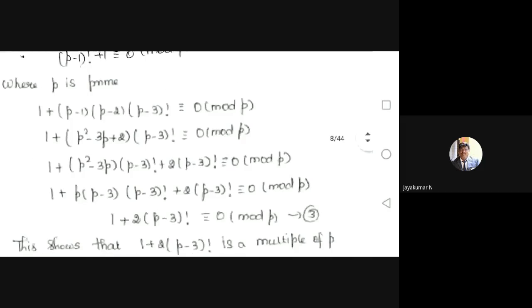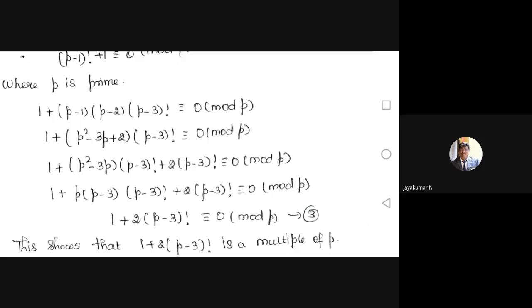So 1 plus 2 into (p minus 3) factorial is kept on the left hand side. The remaining term, p into (p minus 3) into (p minus 3) factorial, is taken to the right hand side, and you get minus p into (p minus 3) into (p minus 3) factorial, which is congruent to 0. Actually, the product p into (p minus 3) into (p minus 3) factorial can be divided by p, and you get the remainder 0.